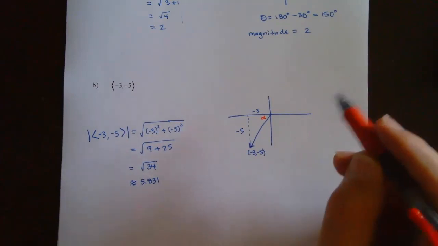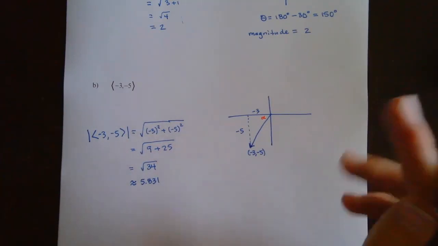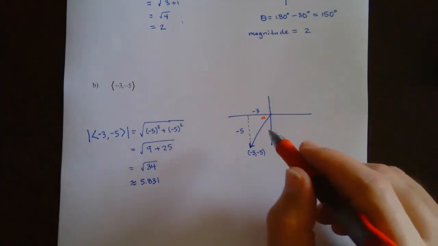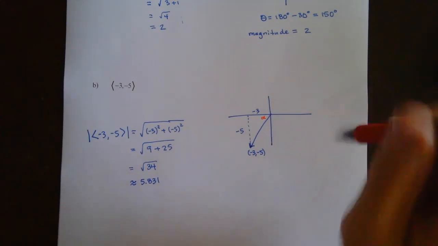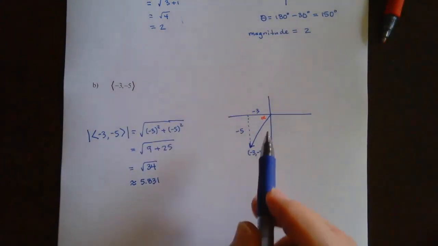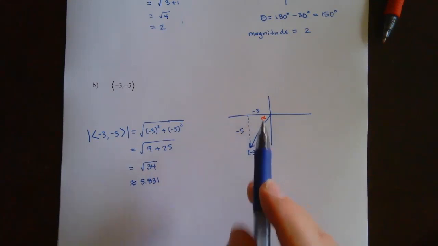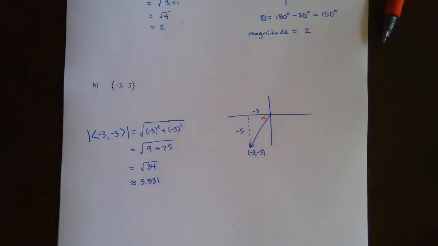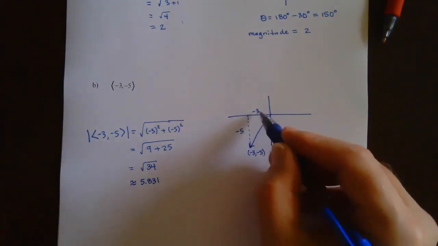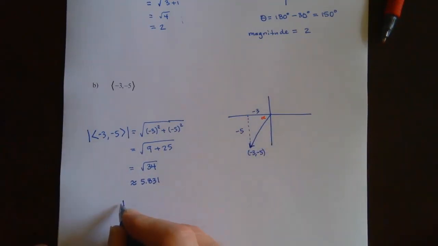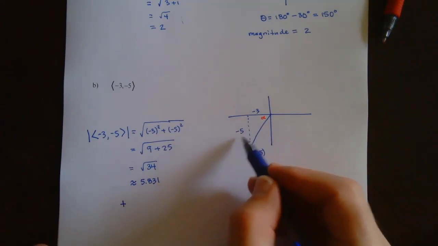Here's where we have to think about this a little bit. Because of the way tan inverse works, we need to make sure that we get the right angle here. So we're going to go back to math 2 and pretend this is just a right triangle, and we're not going to worry about the direction of -3 and -5, so we ignore that.